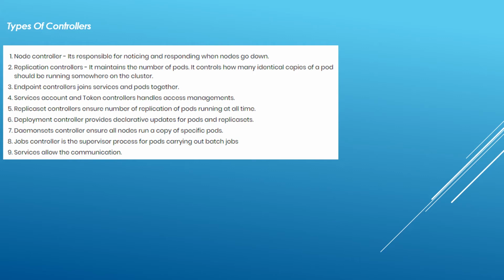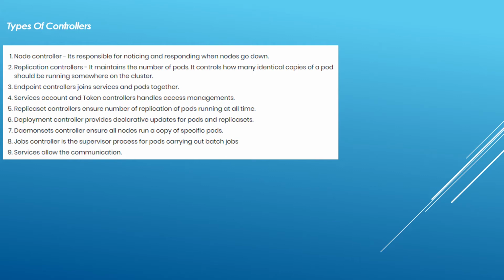Daemonset controller. A Daemonset is for special use cases like monitoring or ingress, where we need to deploy as a Daemonset so that it will deploy pods on all the running worker nodes. That is the behavior of the Daemonset. And then the job controller.